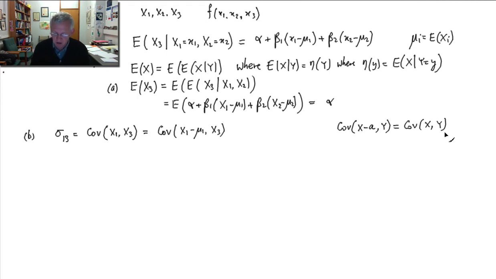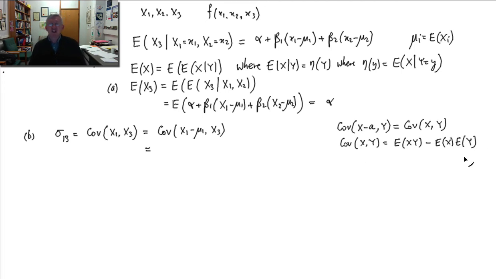It's pretty straightforward. Another way of thinking about the covariance is that the covariance of two random variables is the difference between the expected value of the product, x times y, minus the product of the expectations.